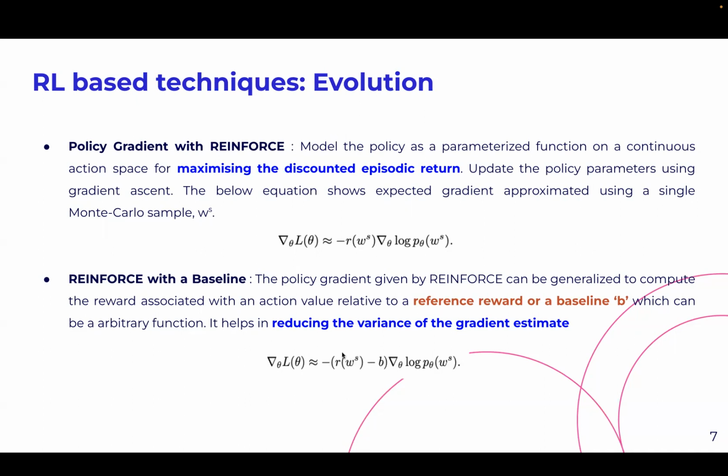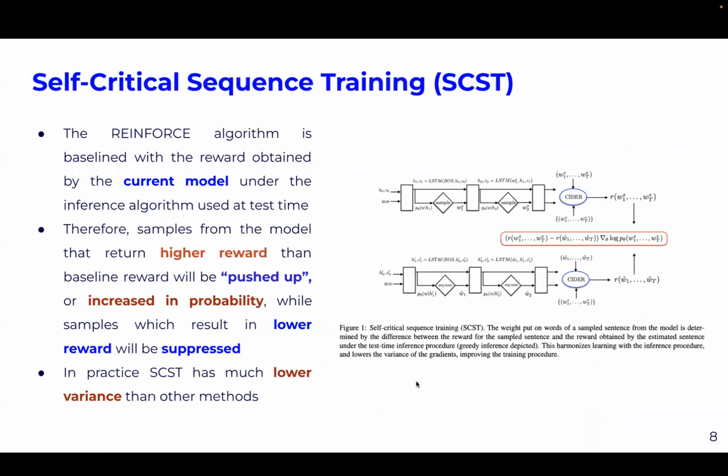When this function is positive, the sampled word is better than the greedily decoded word, and we increase the probability of those words and decrease the other irrelevant words. That's what we satisfy in this loss function by doing the updates with respect to self-critical sequence training.